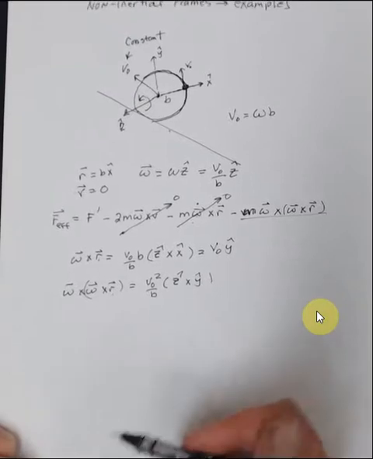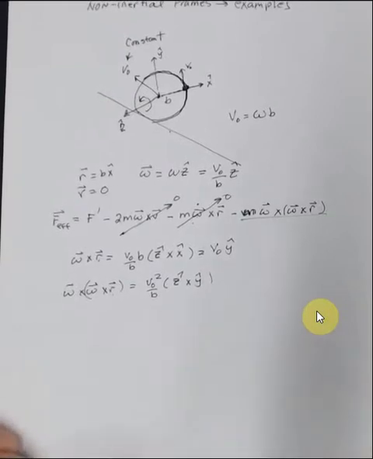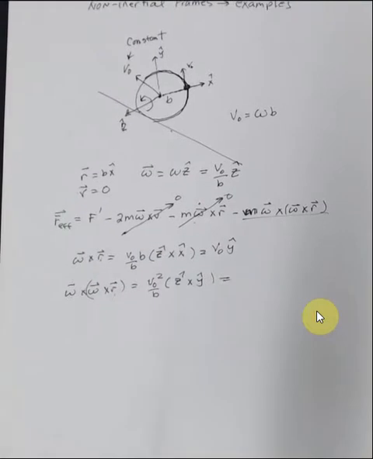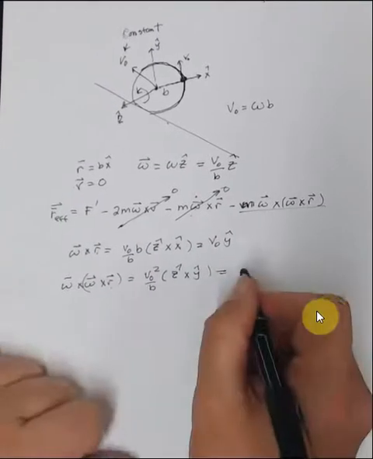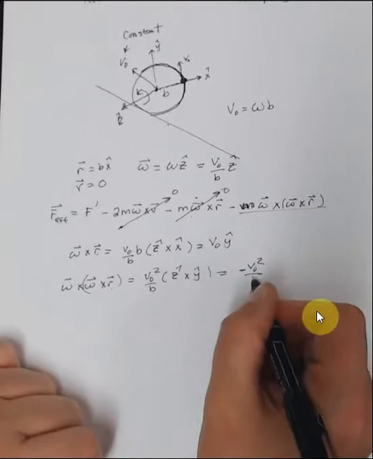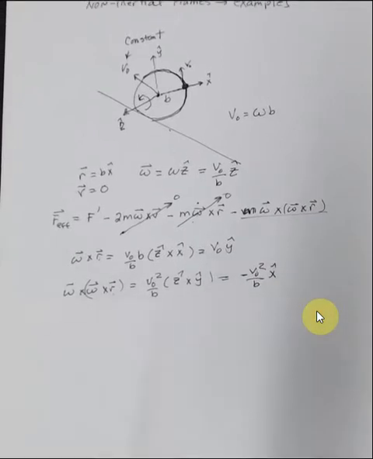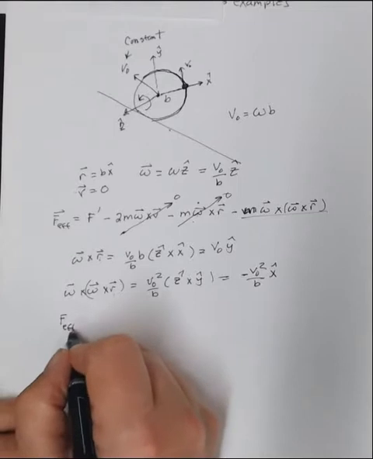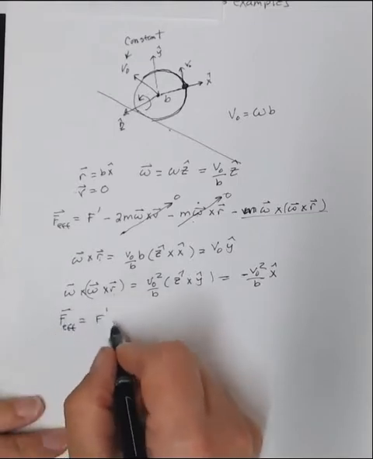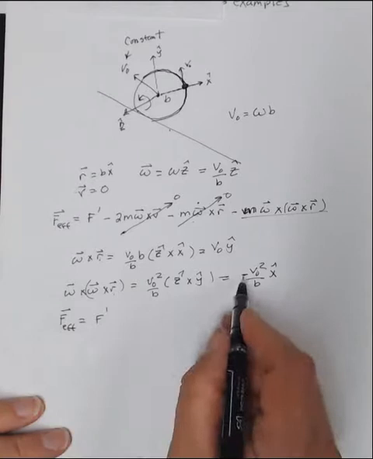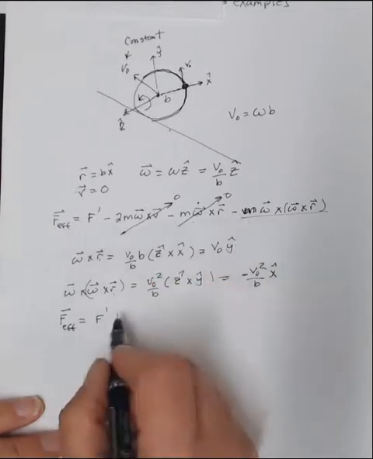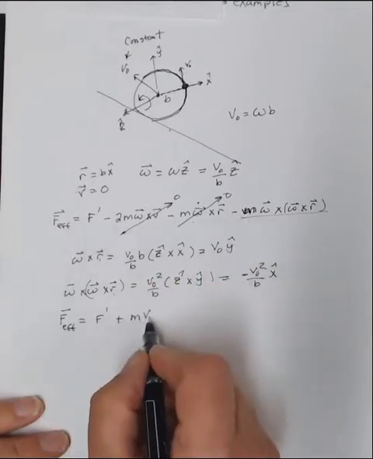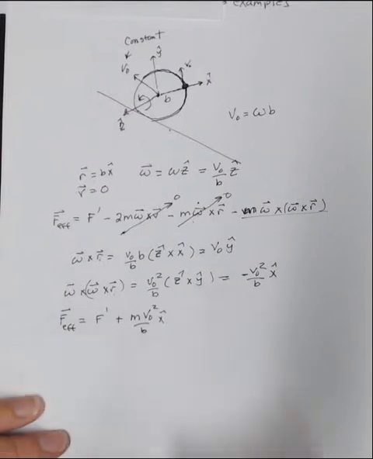So z cross y is negative x. I think I did that right. So with the negative in front, it makes it a positive m v naught squared over b in the x direction.